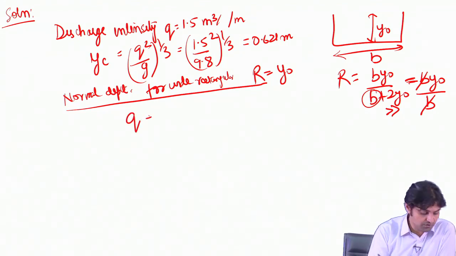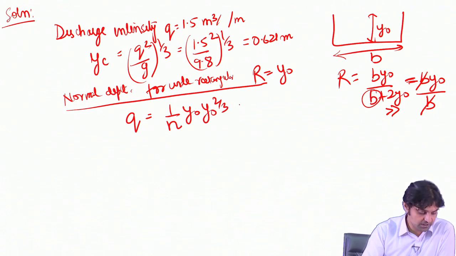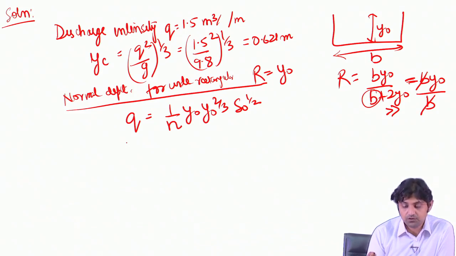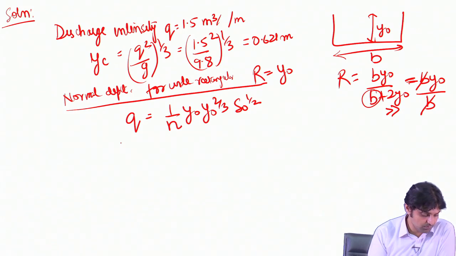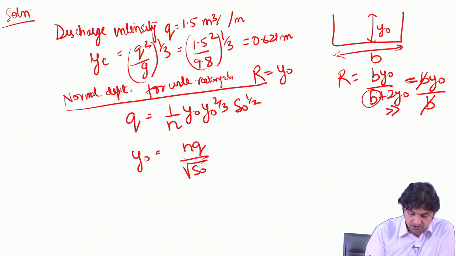So, now we use this formula, q is equal to 1 by n, y naught into y naught to the power 2 by 3 into S naught to the power half. You can also use that formula with capital Q, all right, but I find it much better using small q. So, y naught can be written as n into q divided by under root S naught, to the power 3 by 5, all right.